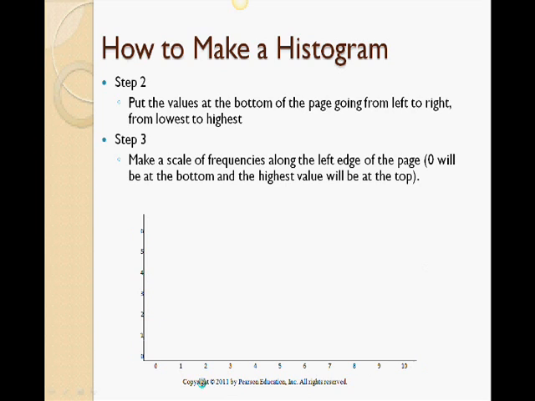And then the frequencies go along this axis. Your frequencies, of course, will depend on how tall you make this, which is what's the largest frequency that you have in your data. And then step 4 is you make a bar for each value.